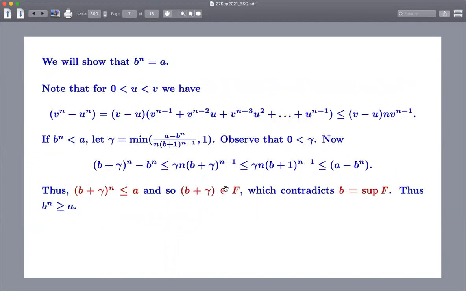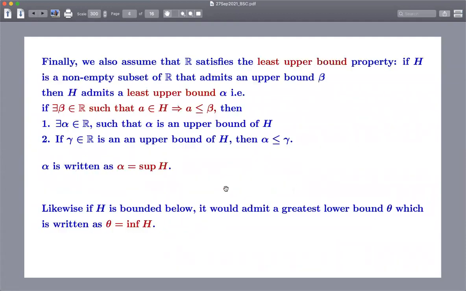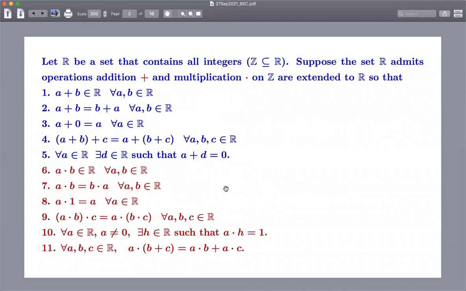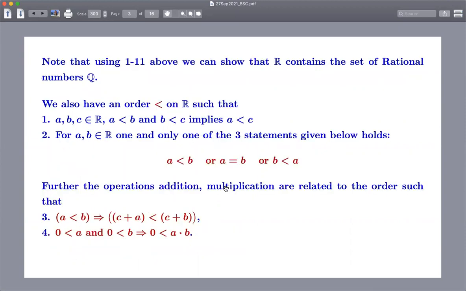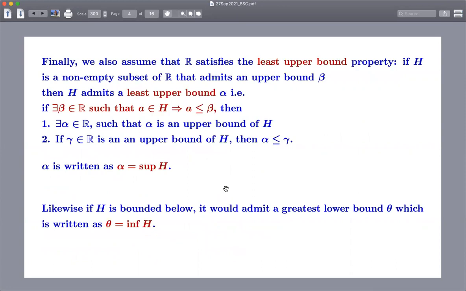So using just what has been given to us, or some elementary properties that can be deduced from it, we have shown that once we assume our real numbers satisfy the simple addition and multiplication properties, the order relation, and the least upper bound property, it admits square roots.